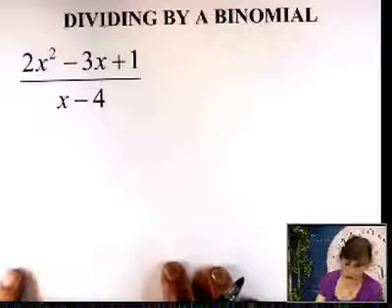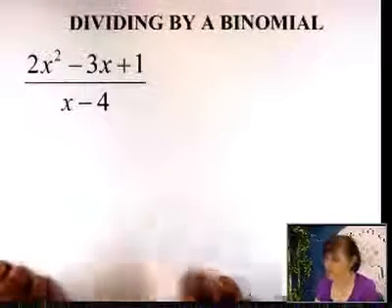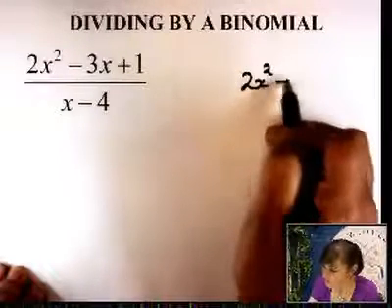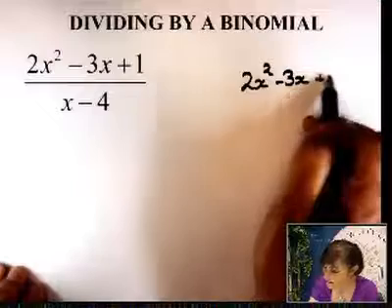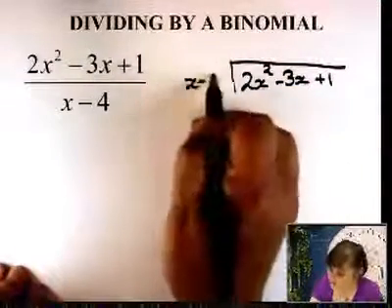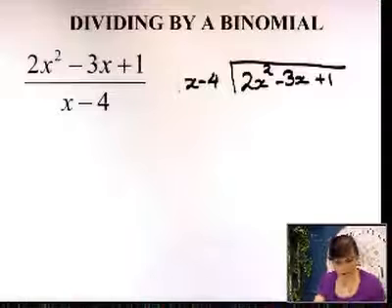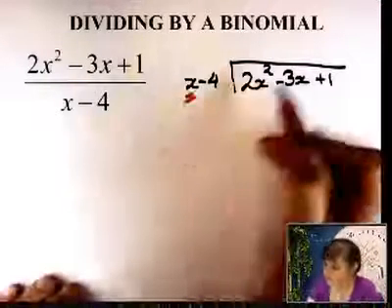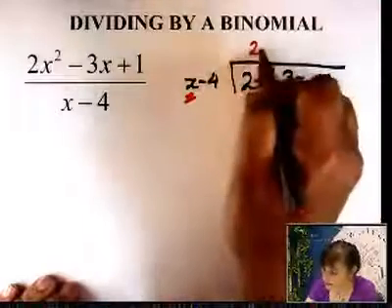Okay. This one is the one with a remainder, and I'll show you how this works. 2x squared minus 3x plus 1 divided by x minus 4. You start the same way. How many x's in 2x squared? You need to multiply by 2x.